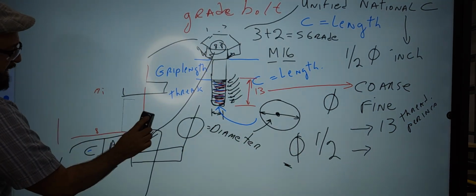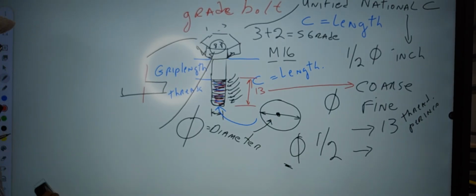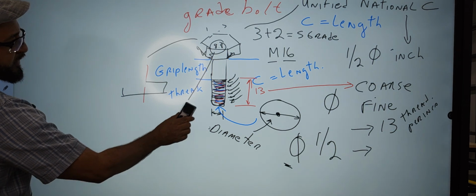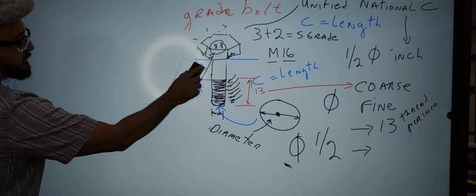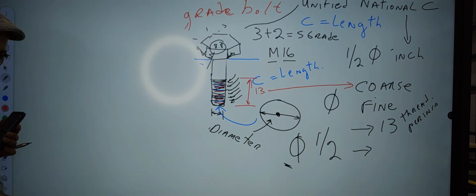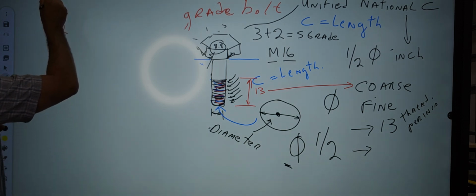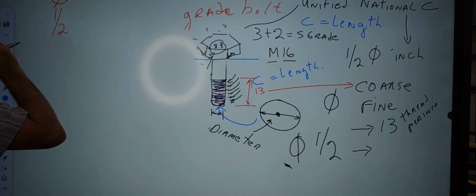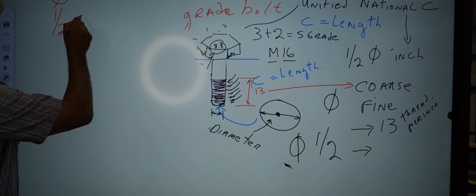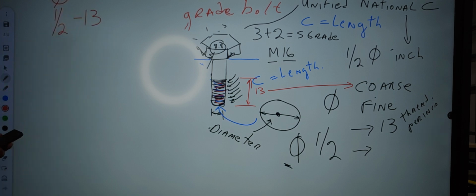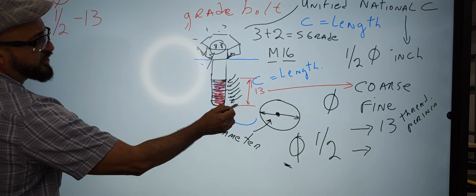The first thing that shows up in any specifications as far as bolts is going to be the diameter. In our example, it's a 1/2 inch, right? So the first thing you're going to see is the diameter. That's the symbol for diameter. The next thing you're going to see is the threads. If it says 13, what does that mean? It's coarse. There are 13 little threads in here per inch.